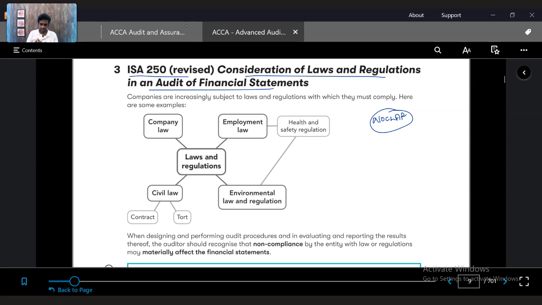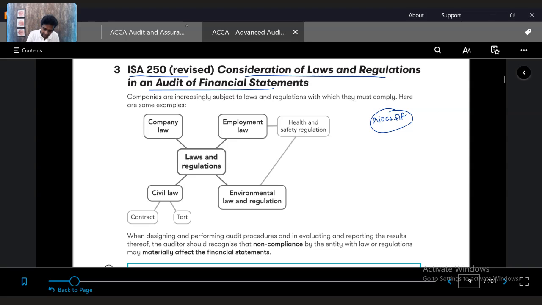Now, the laws and regulations very clearly say how the company can conduct the business, what conditions or provisions they need to have even before they start the business, and how they have to formally follow the rules and regulations in order to sustain their business. In fact, they also say how these laws and regulations affect the financial statements, etc.